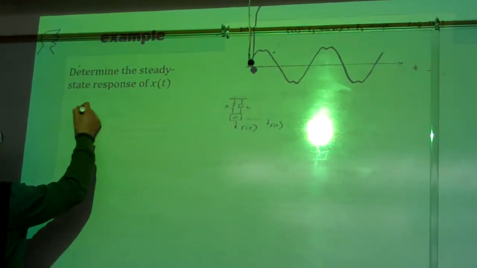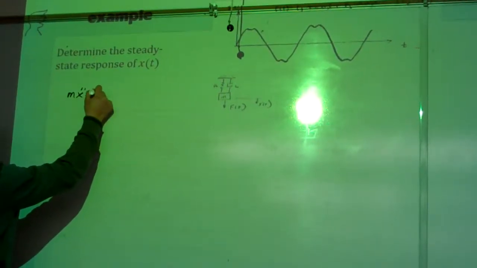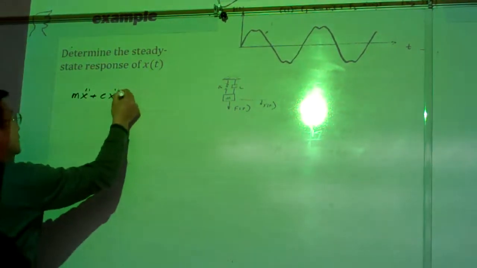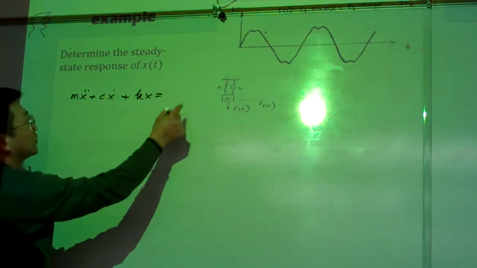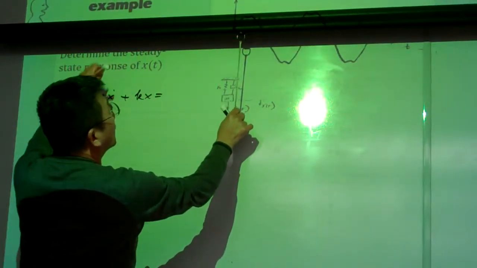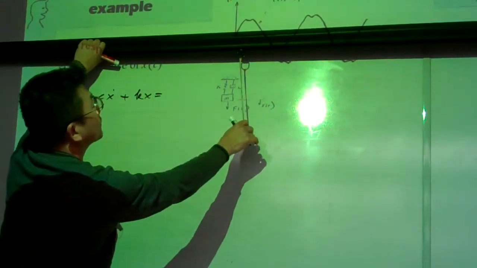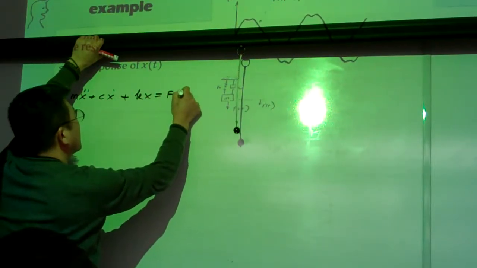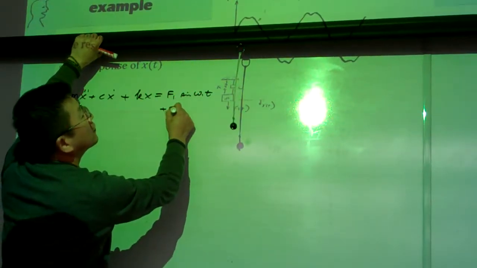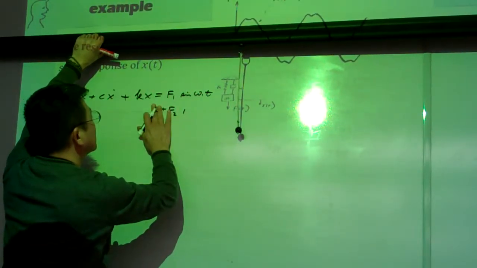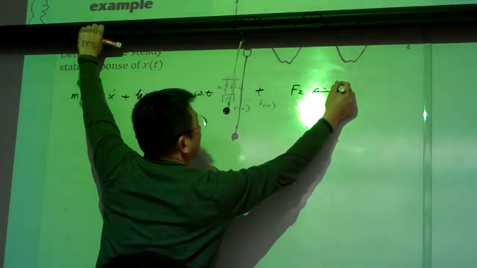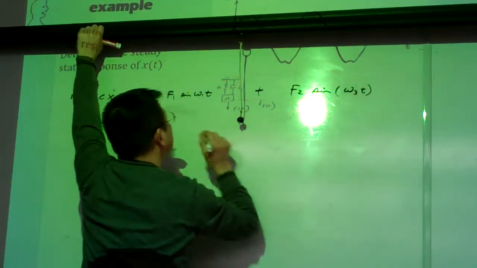The system is m x double dot plus c x dot plus k x equals f, and what is f here? f equals f1 sine omega 1 t plus f2 sine omega 3 t.